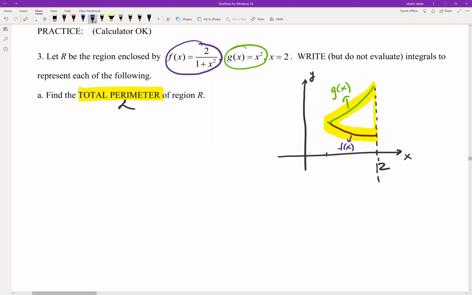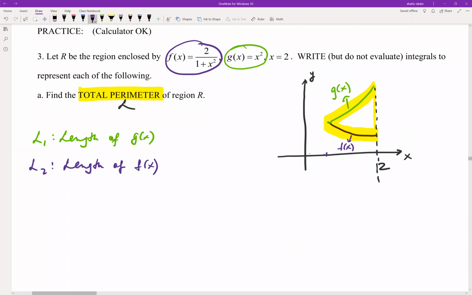We're going to make it a little easier. I'm going to call L1 the length of g of x. I'm going to call L2 the length of f of x, right?